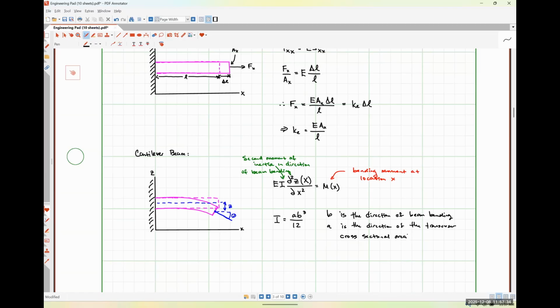So just to be clear that this is making sense to everybody here, let me define a couple of things really quickly, right? So this was our original length.